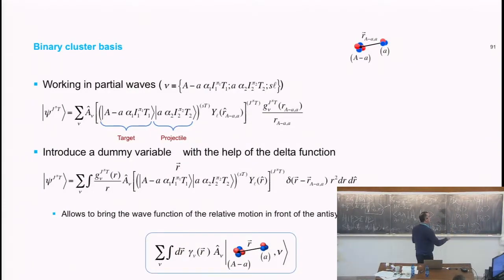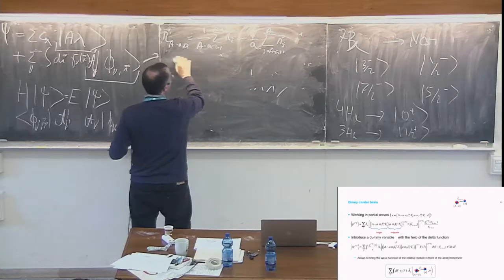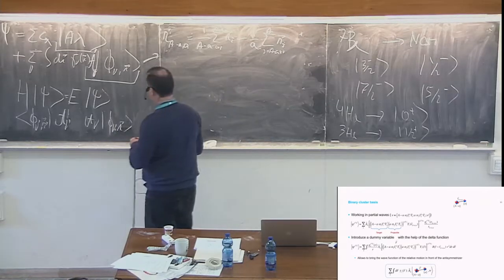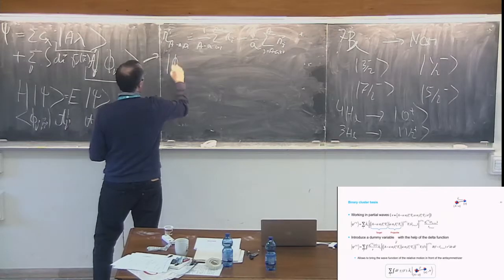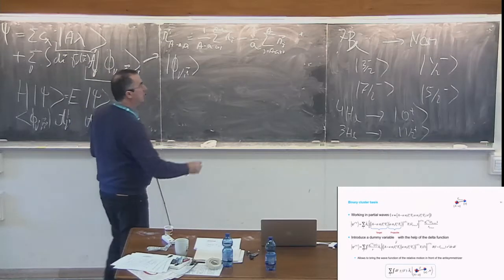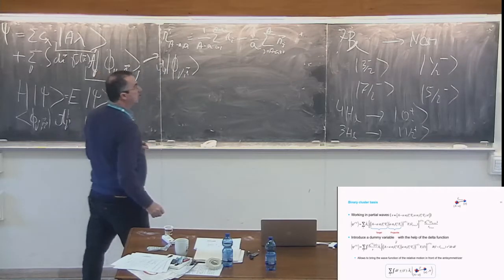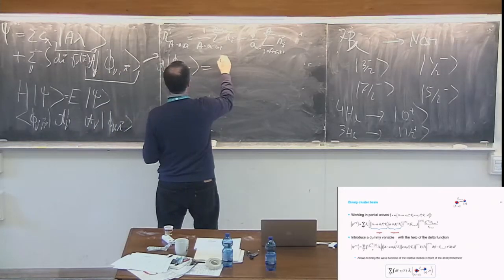It's a little bit more complicated object, so let me attempt to describe it in more detail. Now I'm talking about what I denoted here as phi nu r, and actually with the antisymmetrizer. So let me put the antisymmetrizer there.